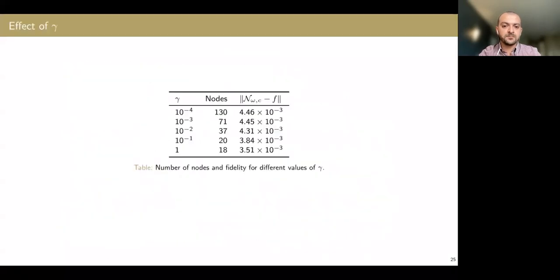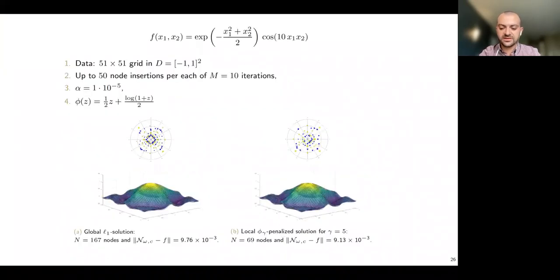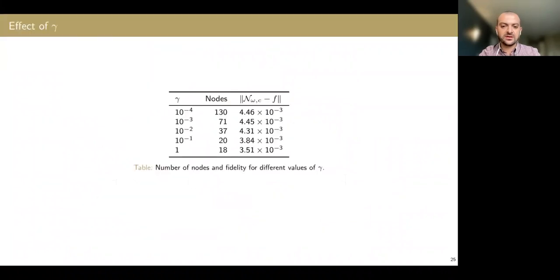And here are some numerical examples. Basically, here we show the quantity gamma, which controls how concave your function is. If gamma is very small, you're very close to the L1 norm, and in that case we get a really large number of nodes.